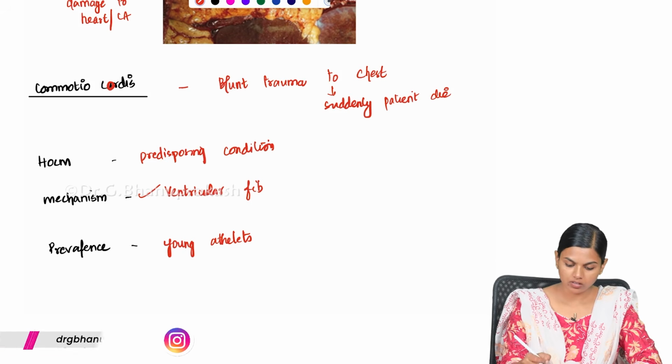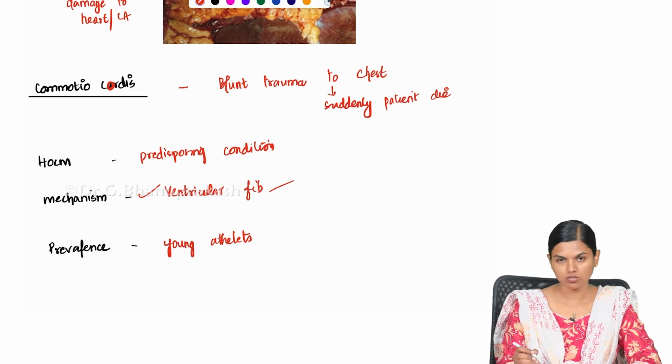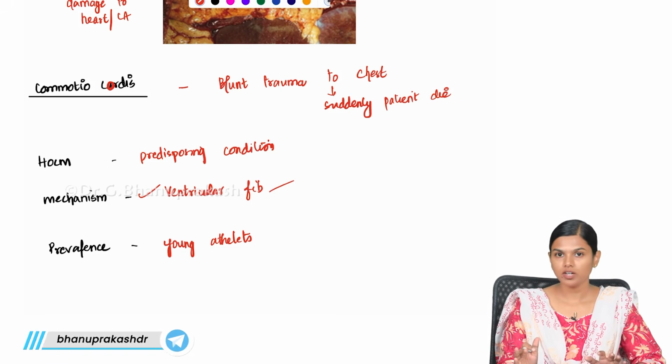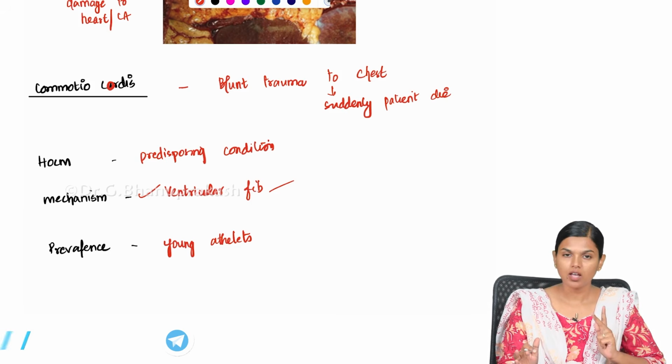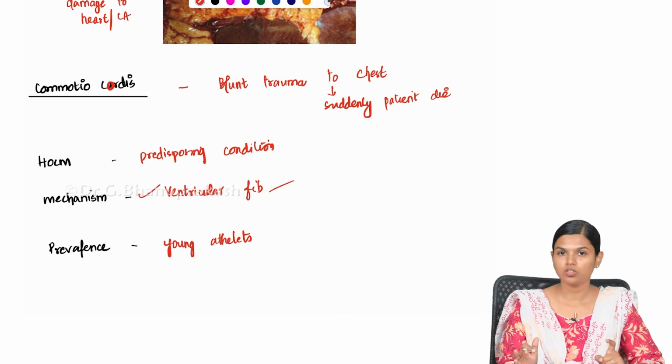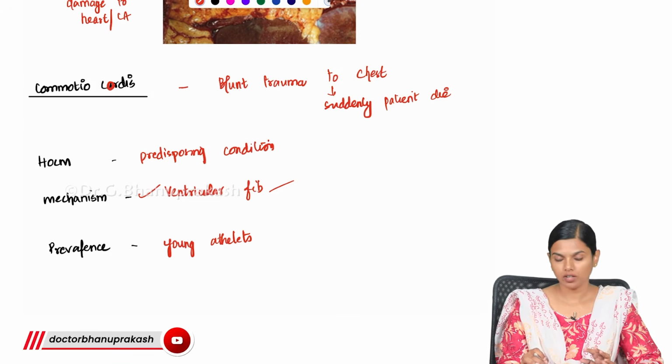So the mechanism of death here is ventricular fibrillation. So this is the spinal injury and the heart injury. These are the regional injuries, and the most important thing here is the Coup and Contrecoup contusion. It can be asked as a question, and the types of fractures and contusion of the brain tissue will also be asked, and diffuse axonal injury is an important thing.